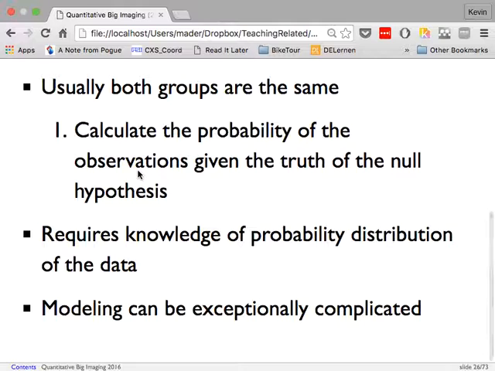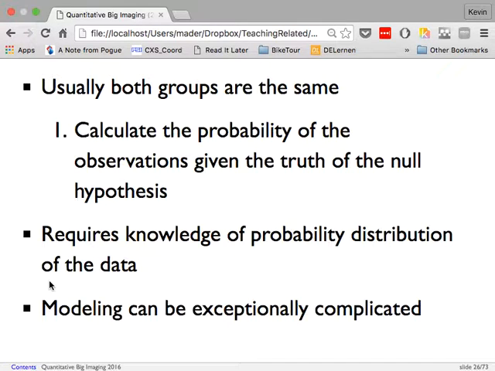What it requires is a very detailed knowledge of the probability distribution of the data, which means that you either have a very good theoretical model for how your system works, or you collect enough data points that you can actually recreate this distribution fairly accurately.